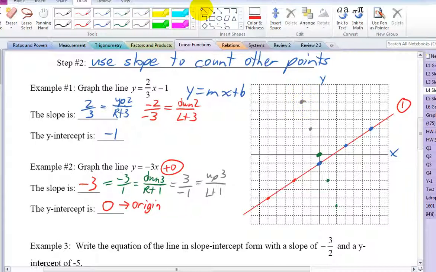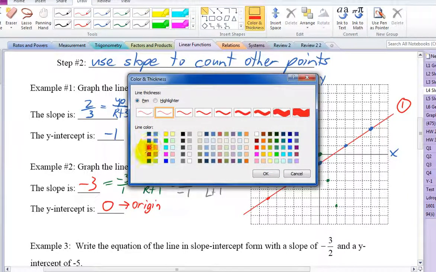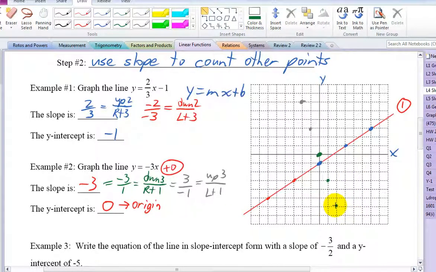Now you can make your line. Make sure it's big and long from one side to the other. Okay, and this is example number 2.